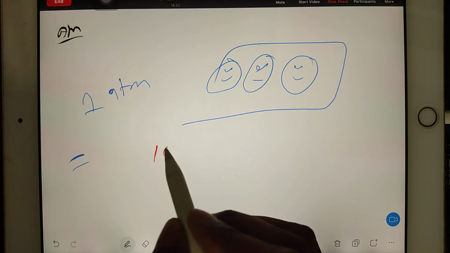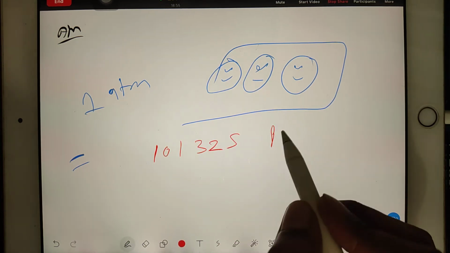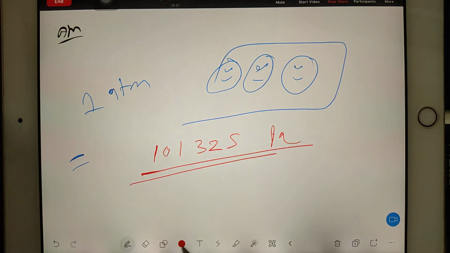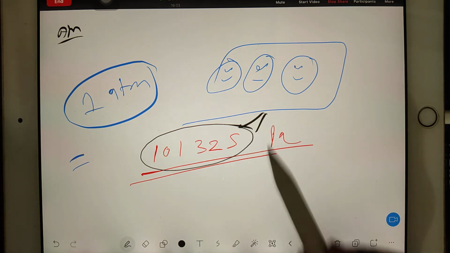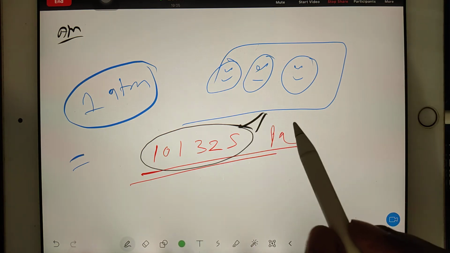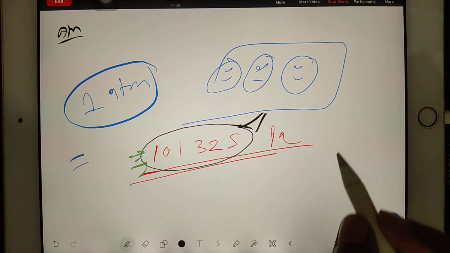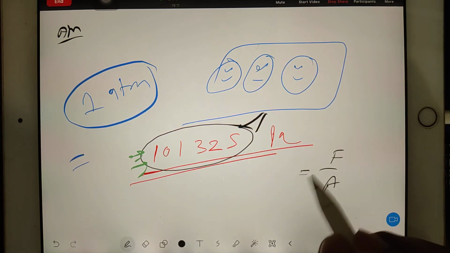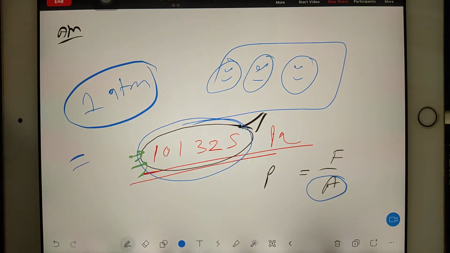See, 101325 Pascal. This much Pascal pressure, we say 1 atmosphere. You can't even imagine how big this value is. This is really a big value. If you want to create this much Pascal pressure, force by area gives you pressure, so you would have to apply this much Newton force on 1 meter square area.